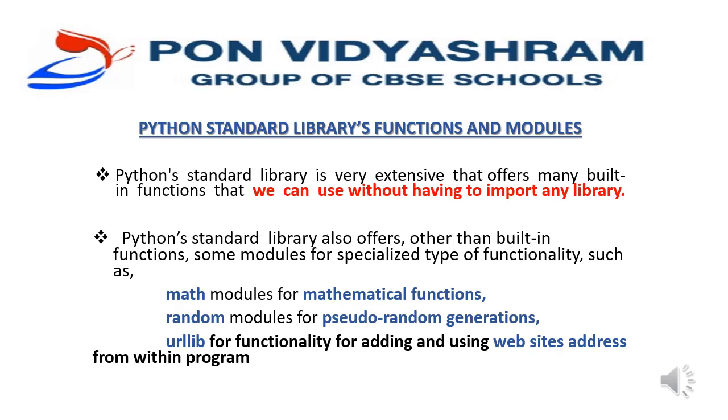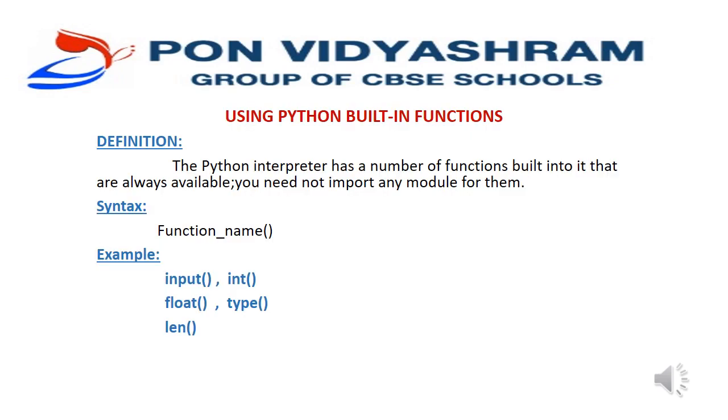It also offers, other than the built-in functions, some modules for specialized functionalities such as the math module for mathematical functions, the random module for pseudo-random number generation, and urllib for functionalities for accessing and using website addresses from within the program. In this session, we shall discuss how you can use the Python built-in functions and import various modules and Python standard libraries. Now let's discuss Python's built-in functions.